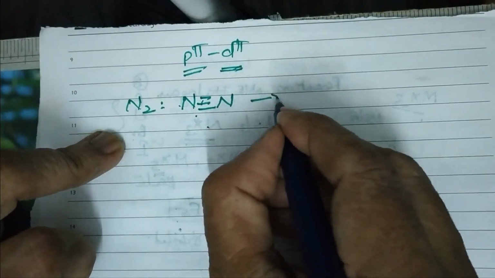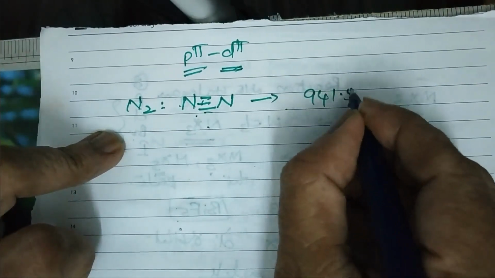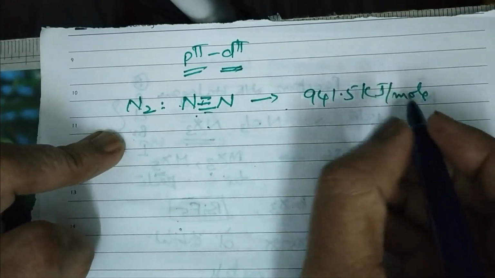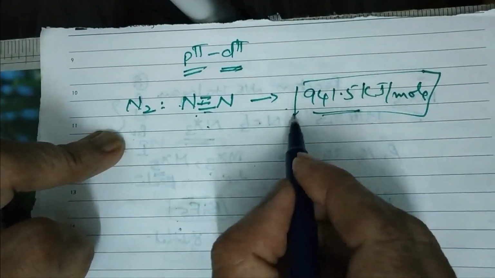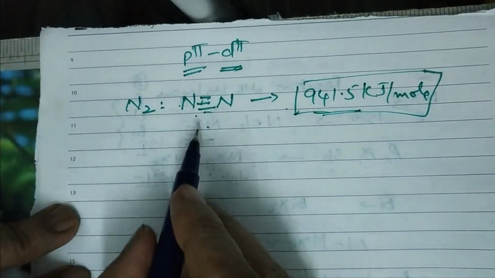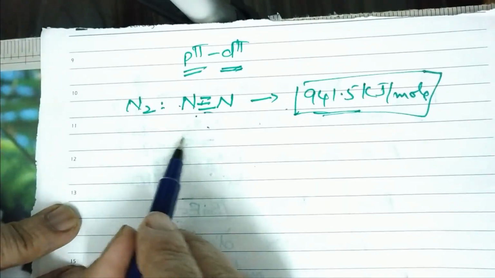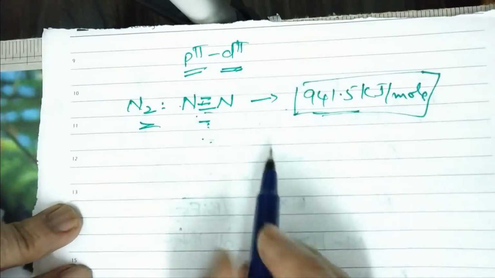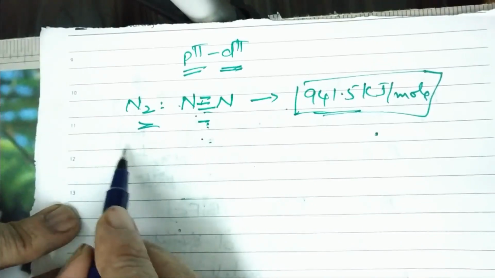The bond enthalpy to break this triple bond is 941.5 kilojoules per mole. So it is the highest bond dissociation enthalpy. So it is reluctant at room temperature. It does not participate easily in chemical reactions at room temperature. That is about the anomalous behavior of nitrogen. That is about the chemical properties of the 15th group elements.